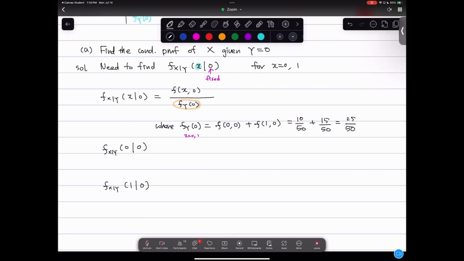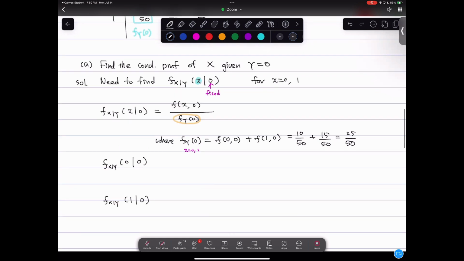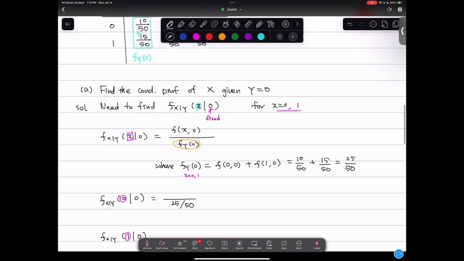Your x can be either 0 or 1, so I'm changing this x value to either 0 or 1, and I have to get these individual values. For this one, I have the denominator already, which is 25 over 50, the sum of these two numbers in that column.